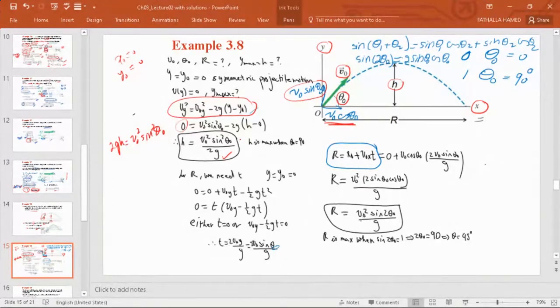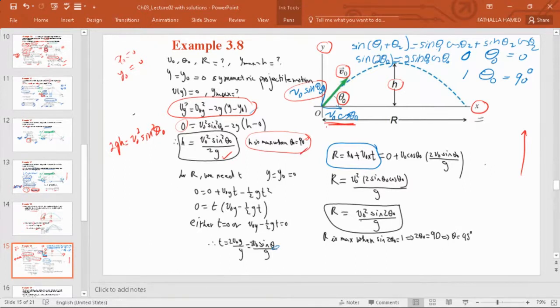But in this case, you cannot, you're on top of horizontal, so you cannot go below that. You're firing up. The maximum value is when sine squared theta 0 is equal to 1. And that only happens when theta is equal to 90 degrees. Which makes sense. To achieve the maximum height, you will fire up, not at an angle. So this will give you the maximum height.